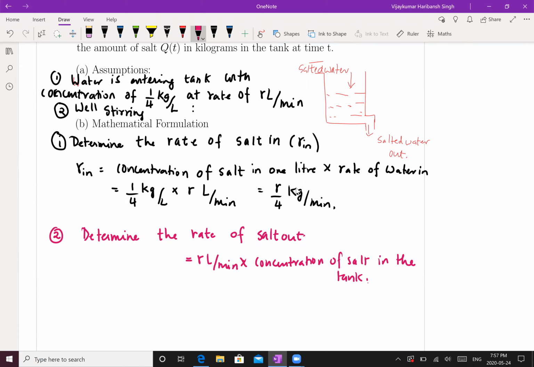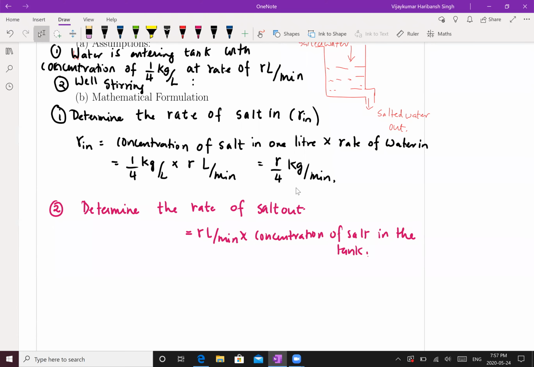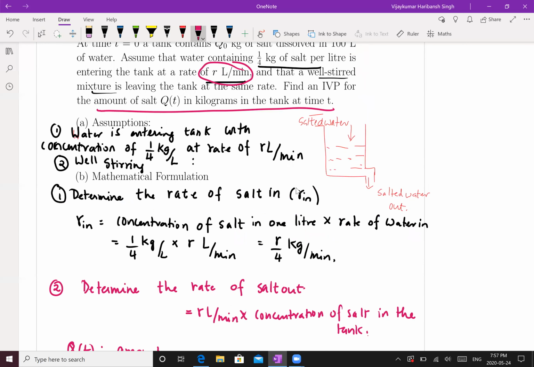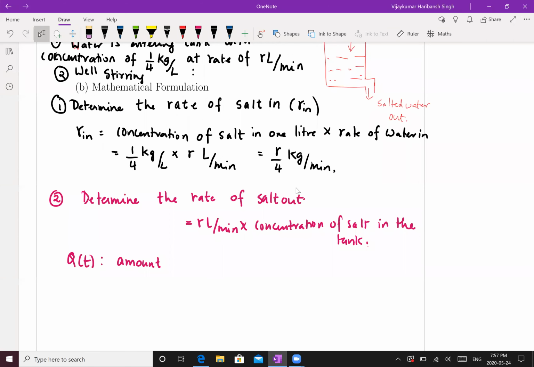Now, how do we measure the concentration of salt at time t? Q of t, your function, is the amount of salt. Here it says the amount of salt in kilograms in the tank at time t. So let Q of t represent the amount of salt in the tank at time t.